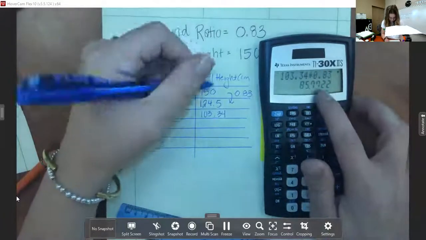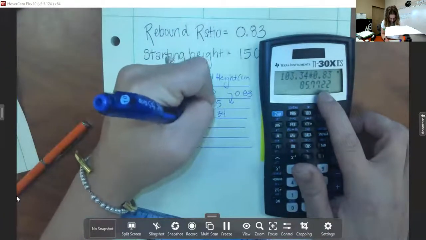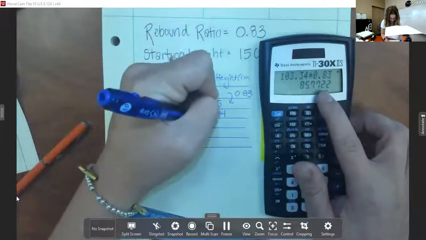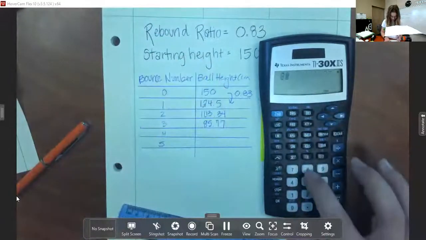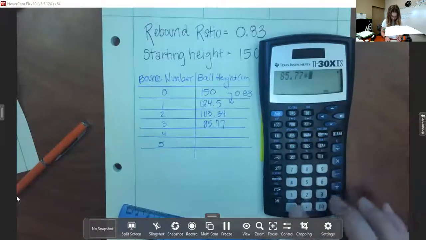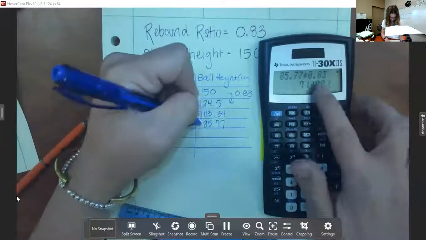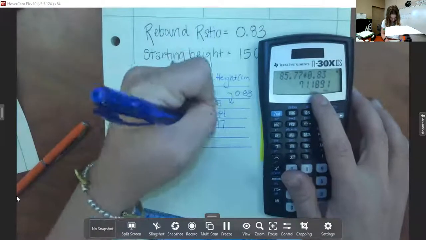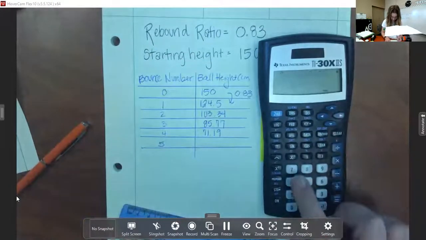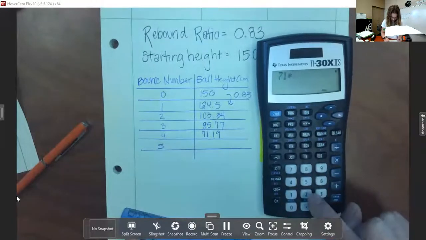All right, again, we're going to round. The next rebound height would be 85.77. Keep multiplying by the rebound ratio. Next height would be 71.19. And our final time through.